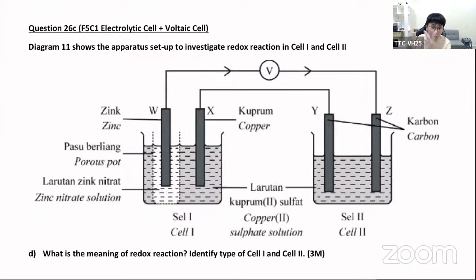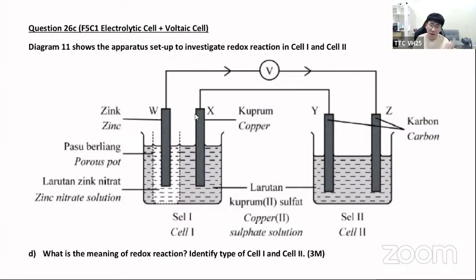Hopefully after so many questions, you can start by finding out your voltaic cell first. So which is your voltaic cell? If you see cell 1, cell 2, which one is more suitable to be a voltaic cell? From here, we find the one with the 2 different electrodes, correct? Cell 1 has zinc and copper.